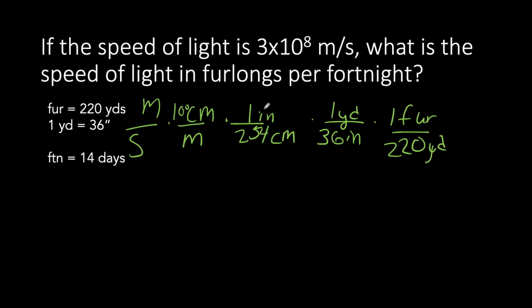Now when I want to go through and get rid of all my things, I will cancel my meters with my meters, my centimeters with my centimeters, my inches with my inches, and my yards with my yards.